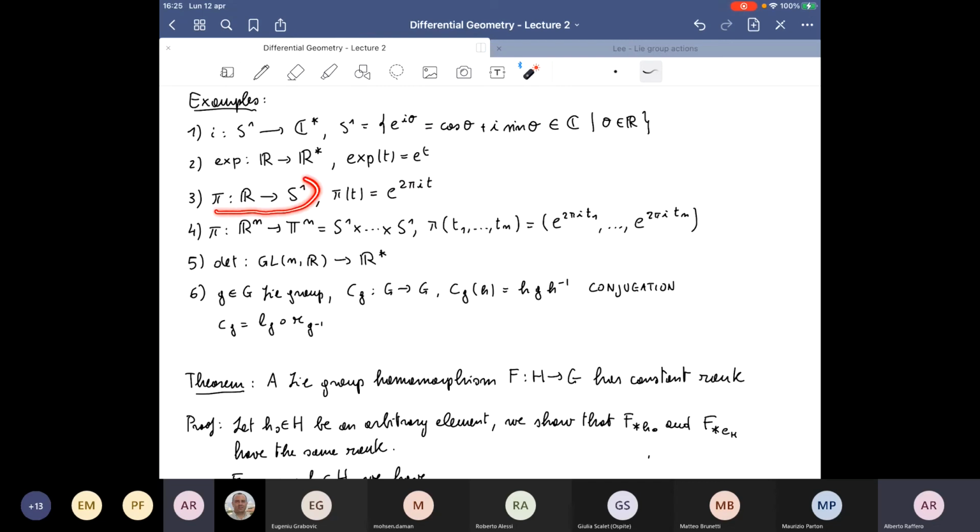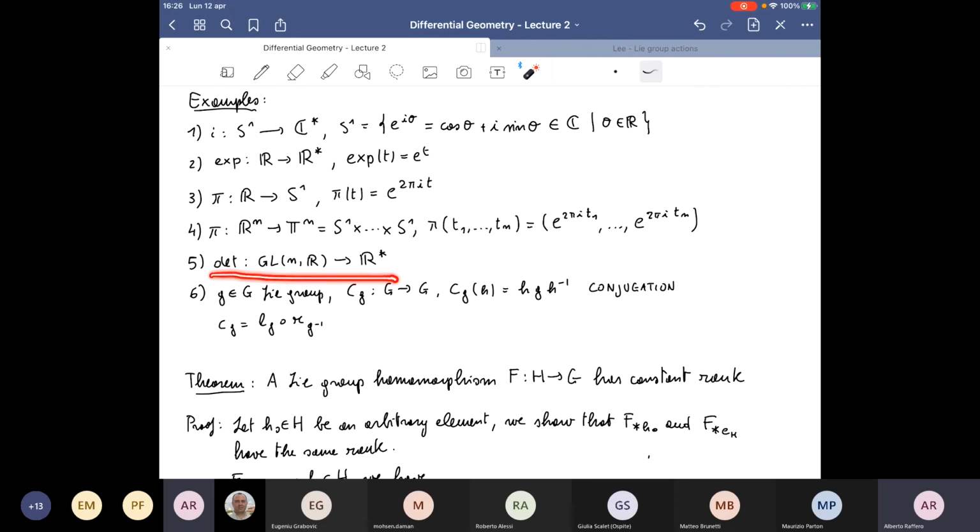You can extend this homomorphism when you consider Rn as a Lie group with respect to the sum, and the n-dimensional torus that you already met last time, which is just the product of the circle by itself n times. You can define this Lie group homomorphism by sending the n-tuple t1, ..., tn to the point defined in this way in each of these circles, so you are using this map n times.